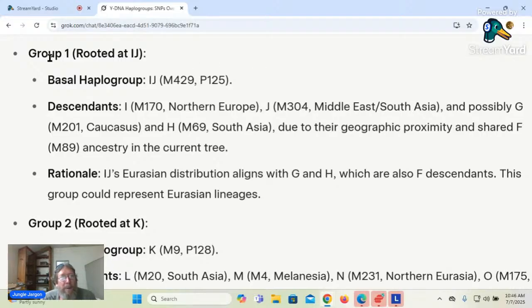So here we go. There's a root, IJ, and these are SNP markers here. This is the one for I, and the one for J is M304, possibly. G, H. I don't know why it's giving that information.